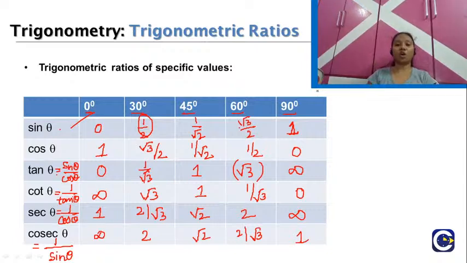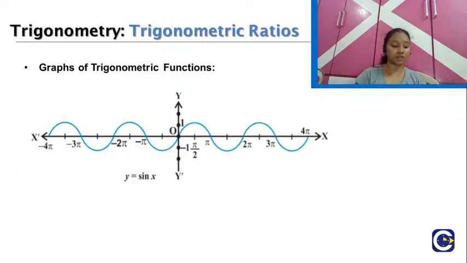Using only these 5 values, as well as relating with our quadrant system, you can find any other specific values of the trigonometric ratios. You will be seeing that when we solve some questions. In the rest of this session, we will be doing a few questions where you might understand how we will be using our specific values.